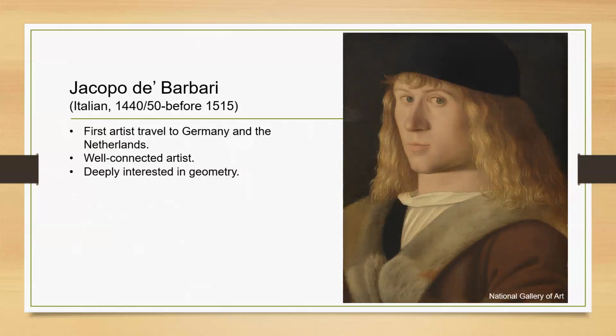He is a well-connected artist with the ability to display intricate details, making them extraordinarily alive and impactful. His work represents a moment of significant transnational cultural exchange. He created paintings and engravings and was deeply interested in incorporating geometry into his representational artworks.